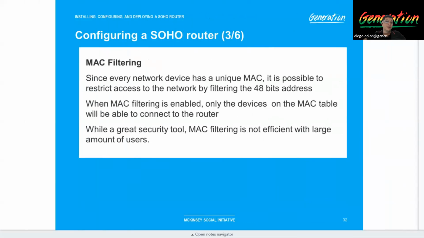MAC filtering. Now, this is what they consider security through obscurity, although it is a first line of defense in mitigating hackers coming onto the network. For those that may already know, you could spoof your MAC address.